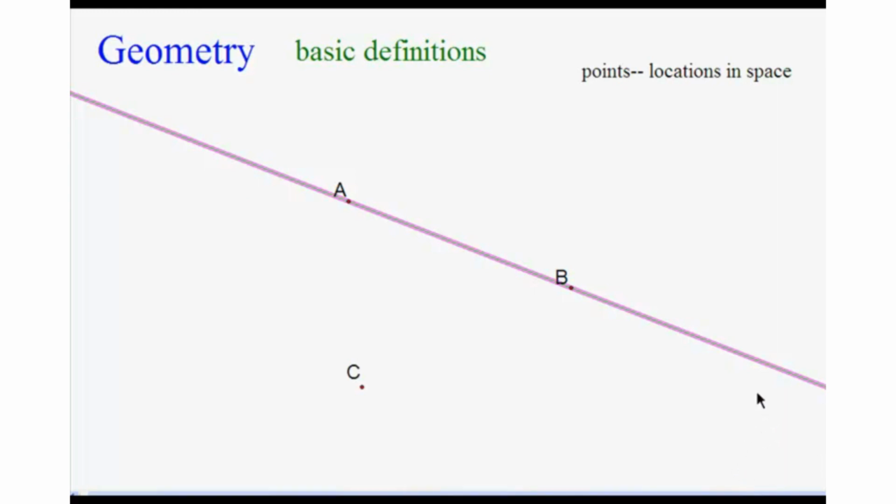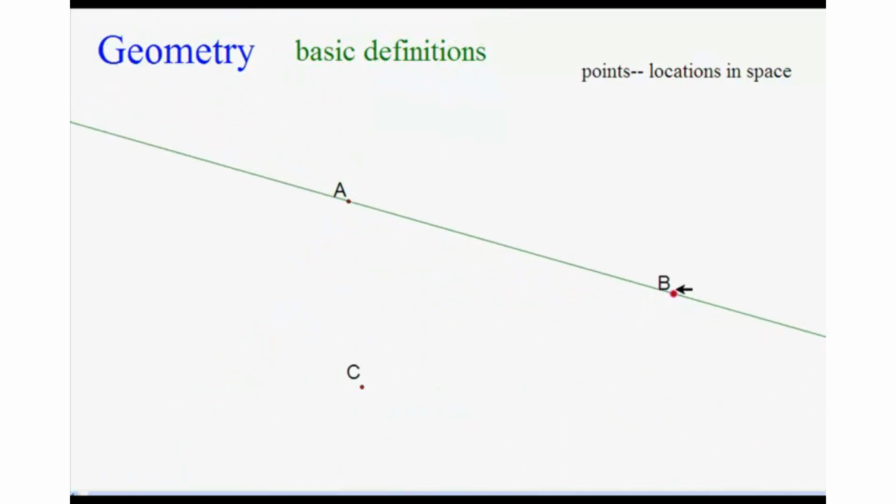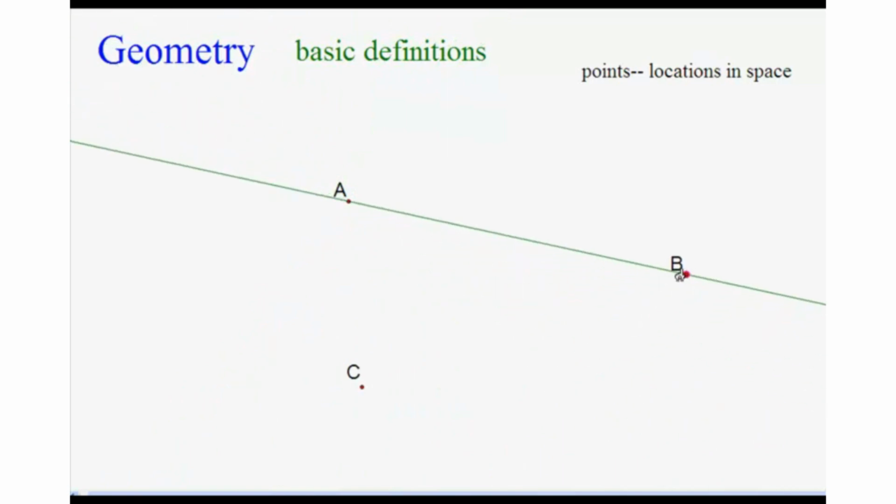We can scroll over, or we can just move the point and see that the line moves with it. And we generally think of a line as something that can be named with 2 points that it passes through. So through any 2 points, we have exactly one line.